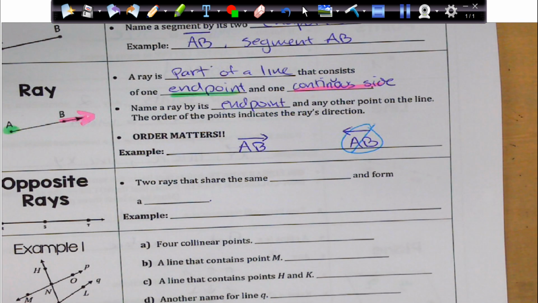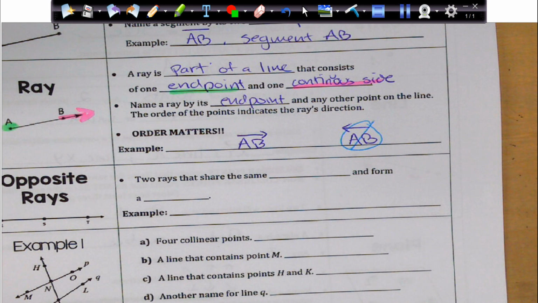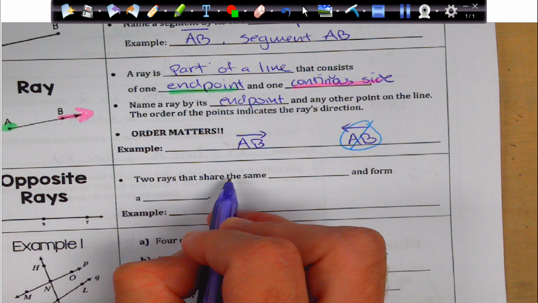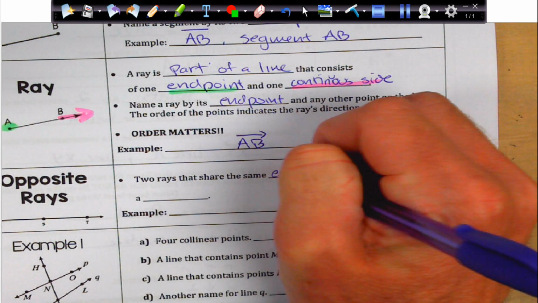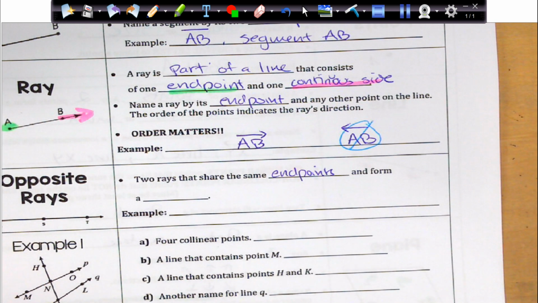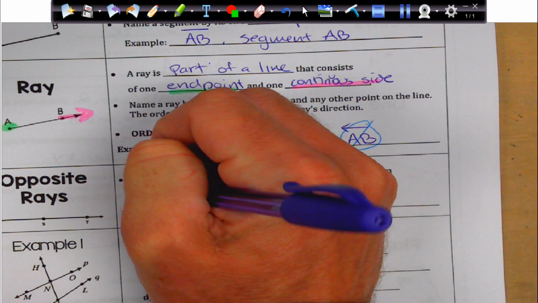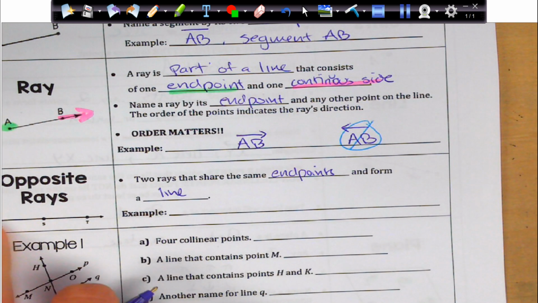All right, moving on. Name two rays that share the same endpoint and form a straight line. This is what we call opposite rays. So opposite rays kind of form a straight line.